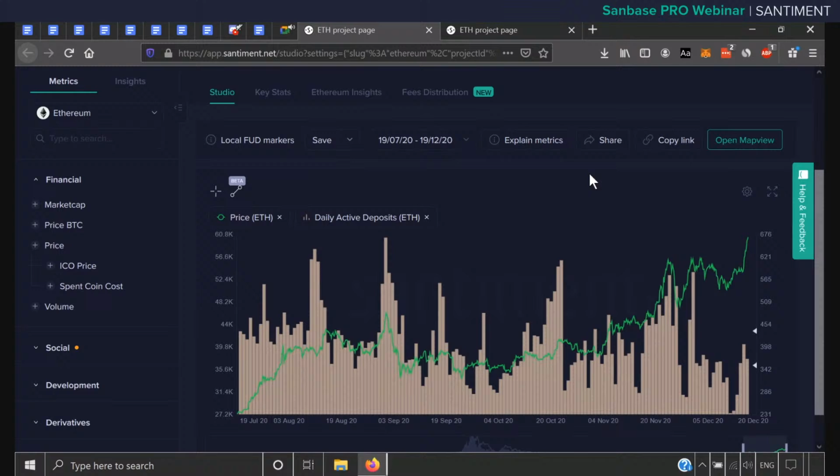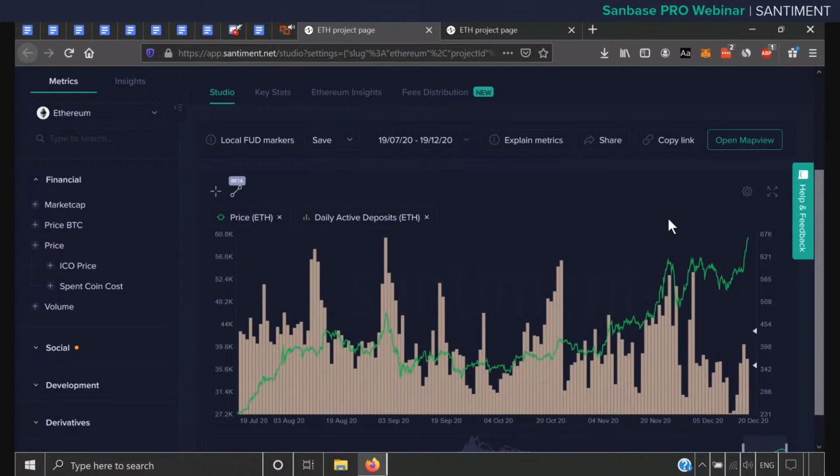Some of the things that we noticed quite often, especially when it comes to mid-size alts, which are much easier to move, so to speak, are these sudden upticks in daily active deposits, especially during a price rally, as you can see here on September 1st, right before a market-wide correction. And as you can see here on November 24th and November 30th, at pretty much the same levels, even here before this short-term correction before the price recovery.